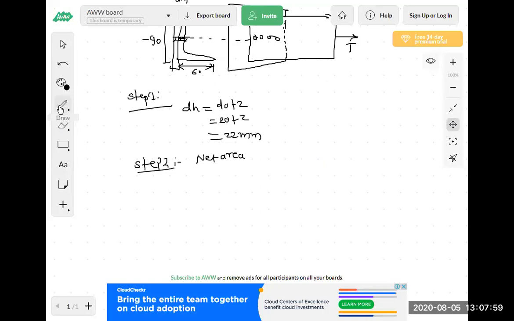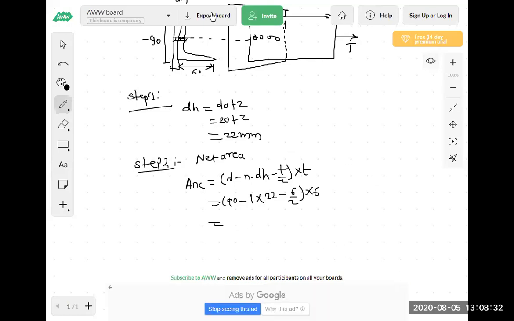So this portion we saw last lecture. So directly I am writing fast. d minus n dh minus t by 2, into t. So 90 minus, n is 1, and 22 minus 6 by 2, into 6 is equal to, how much?